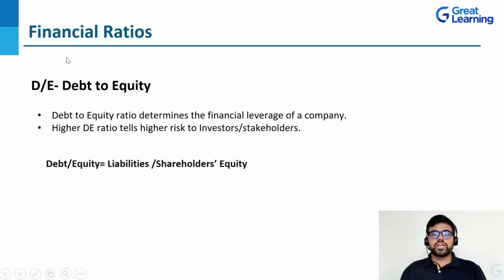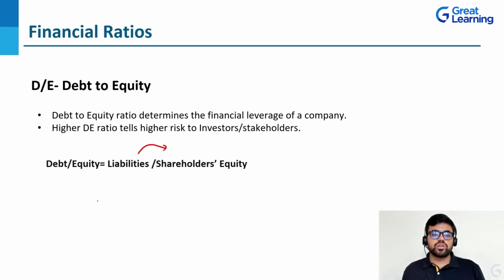The next financial ratio is the debt to equity ratio. This tells us about the borrowings of a particular company, that is, how much debt the company has per 1 rupee of shareholders' equity. The debt to equity ratio can be calculated by dividing the total liabilities of a company by the total shareholders' equity. Both of these you will find in the balance sheet.